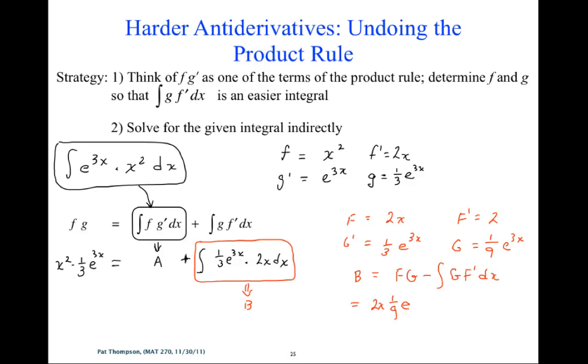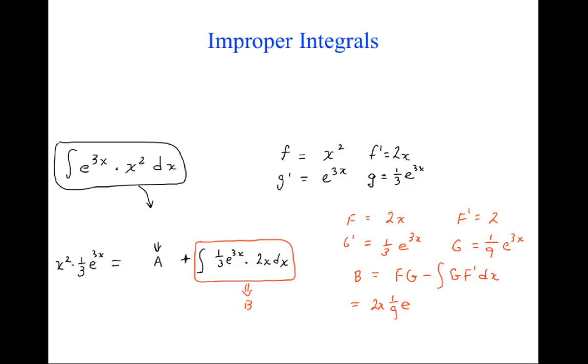Not 1/3, 1/9. Oh no, help. Minus the integral of 1/9 e to the 3x times 2, which we can do. So we're going to have 2x times 1/9 e to the 3x, minus 2/9, but we're going to need another 1/3 now, right? So this is an antiderivative we can do.